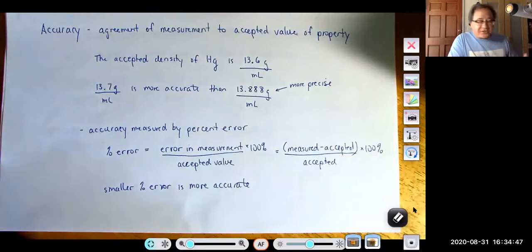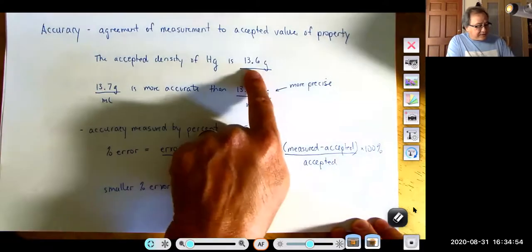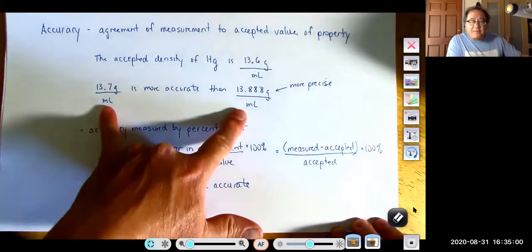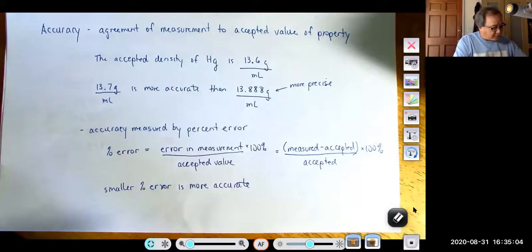Accuracy. This is the agreement of your measurement to the accepted value. For instance, the accepted value for the density of mercury is 13.6 grams per milliliter. If these were two values that we were comparing to see which one is more accurate, this one is more accurate.